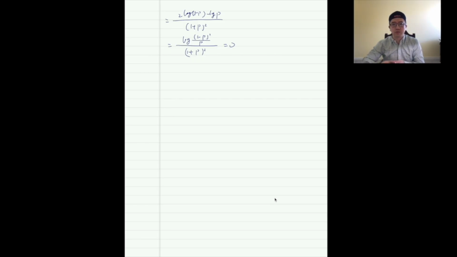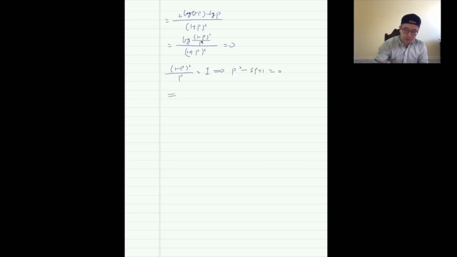To make that equal to 0, the numerator must equal 0. That means (1 minus P) squared over P is 1. Now you can solve it: P squared minus 3P plus 1 equals 0.